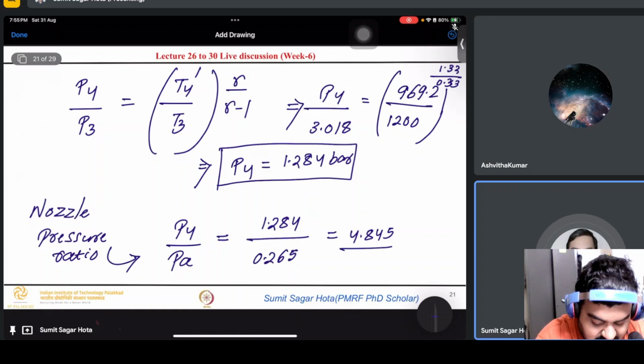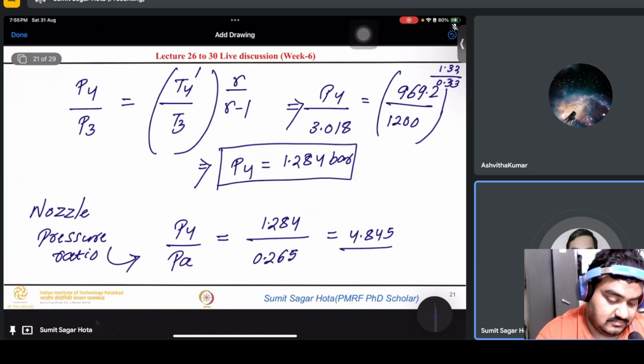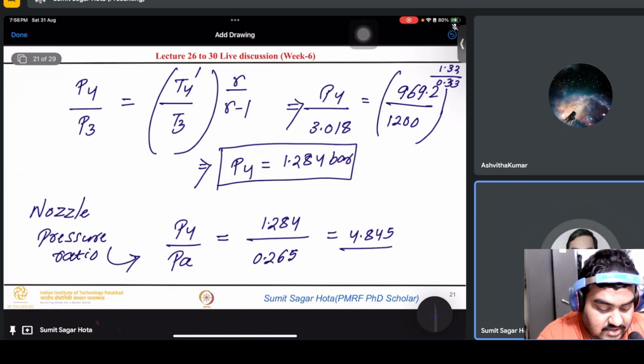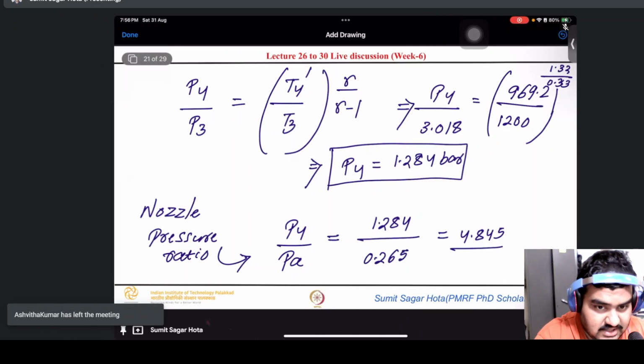Nozzle choking is a phenomenon where the required nozzle pressure ratio is higher than the critical value. Then there is a chance of choking of the nozzle, which means there won't be any flow through the nozzle. So that's a very difficult situation.